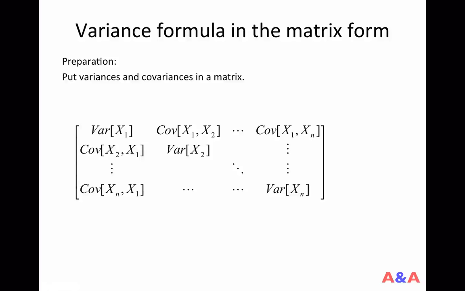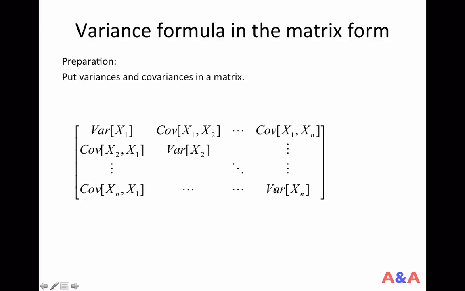For that, as preparation, first you have to put the risk information you have in the matrix form. So you know all the variances and covariances of n random variables. First, you should put these variances and covariances in the matrix form. Okay? That's n by n matrix.